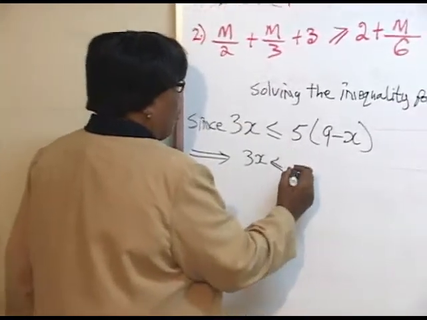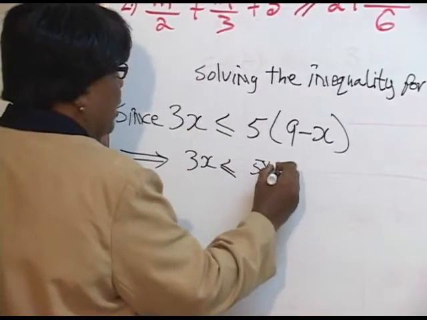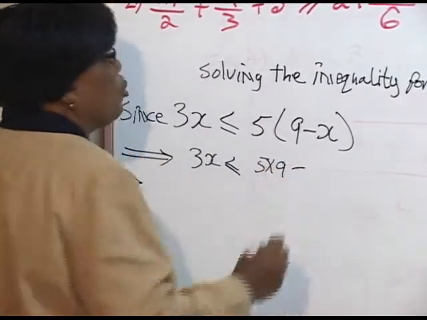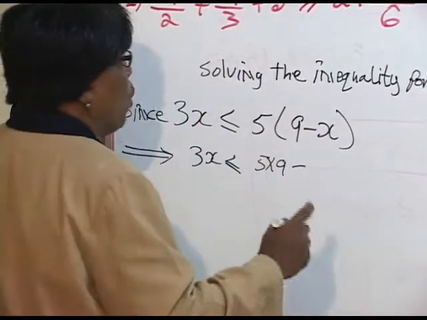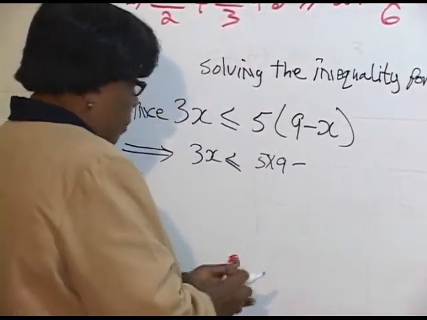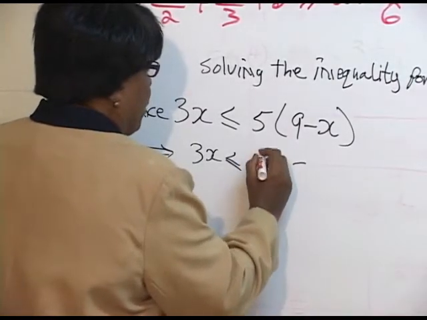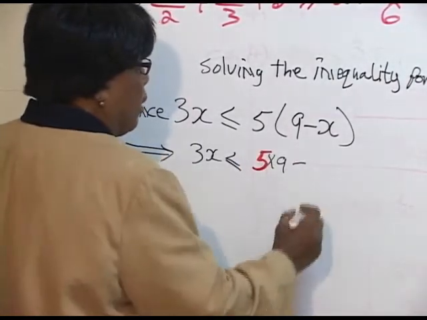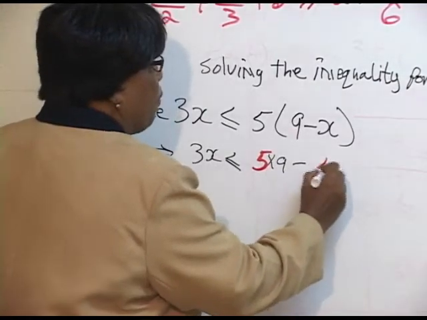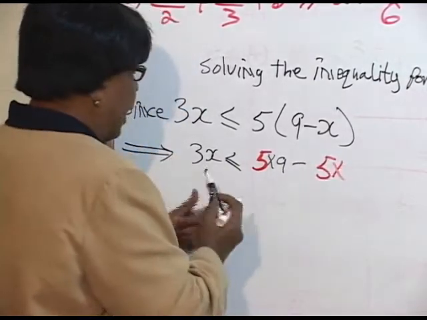So it's now 5 times 9 minus, and do not forget, I want to make this so that you see what's been done. So it's 5 times 9 minus 5 times x.